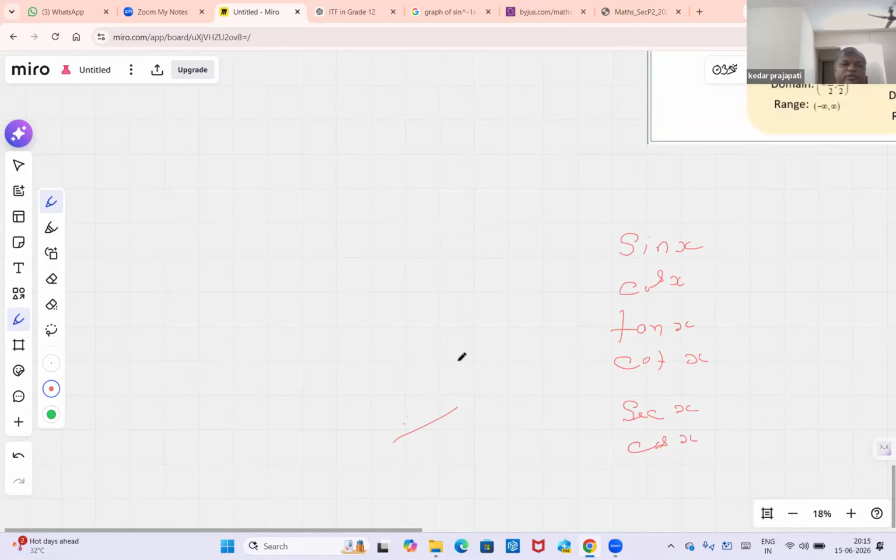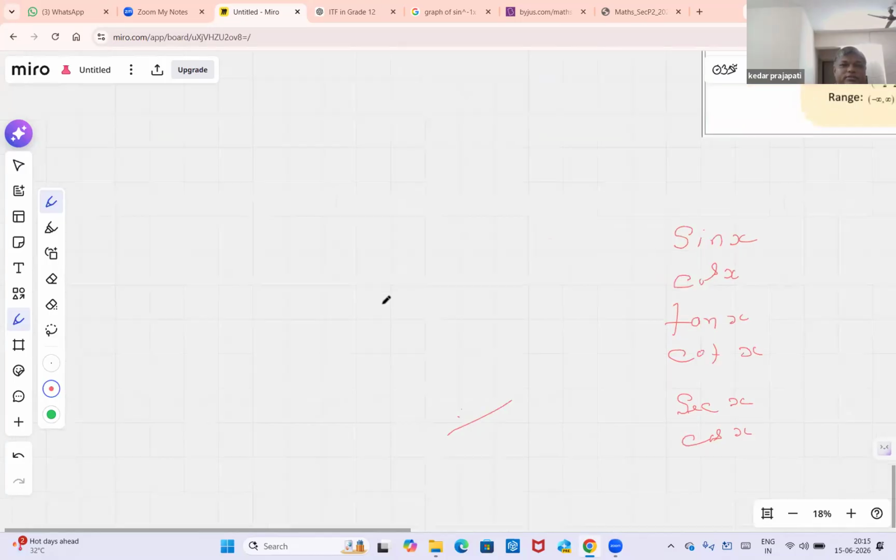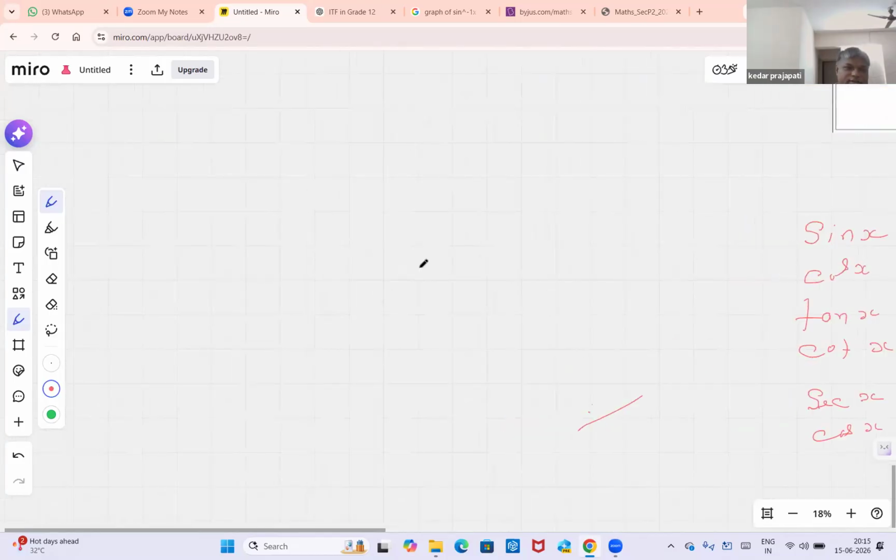Suppose I'm drawing a triangle, Dheeraj. So you can say x is nothing but the angle here. Right? X is an angle. You can also say it is theta.